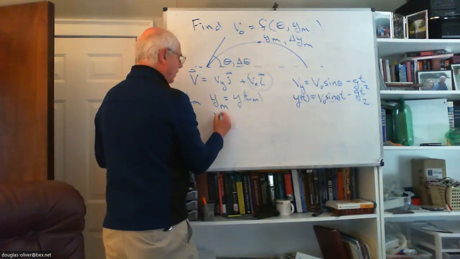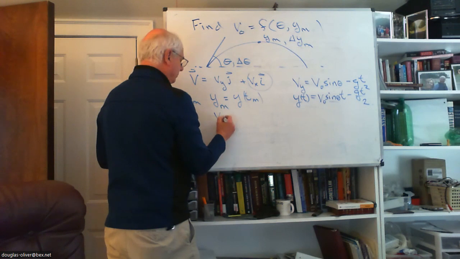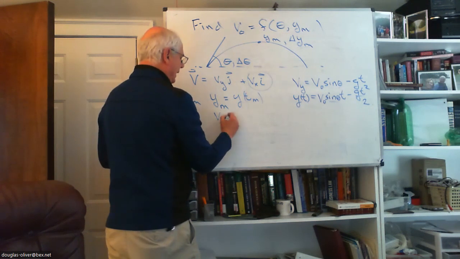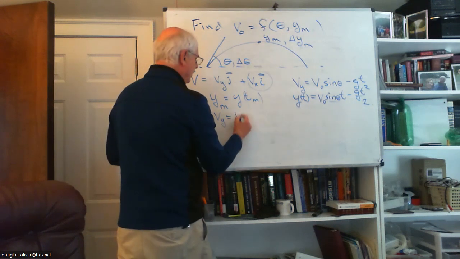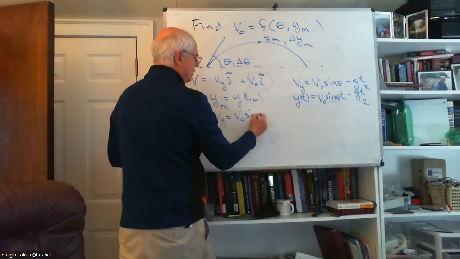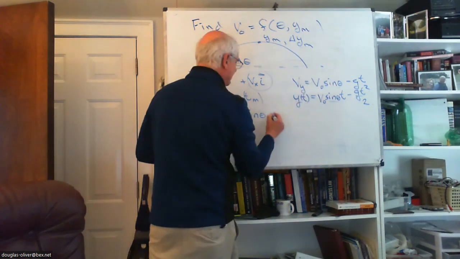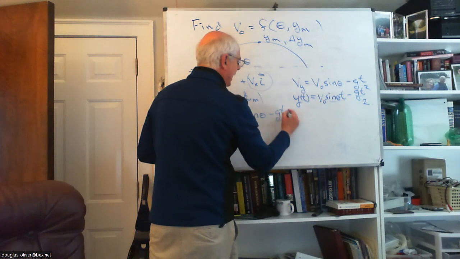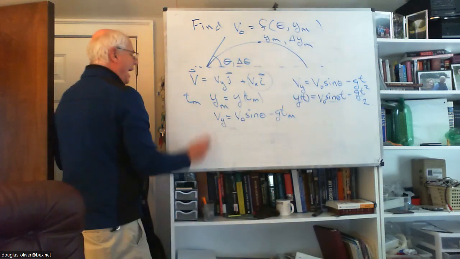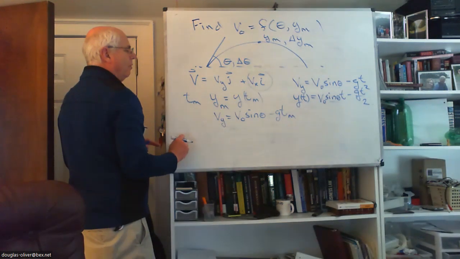So the velocity in the y direction at Tm is equal to v0 sine theta minus g tm, where tm is the time at which we have maximum y.